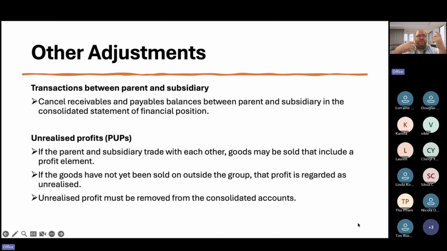So the investment that's on the parent's financial statements, cancel that against the addition of the subsidiary's assets and liabilities at the date of acquisition. Calculate your goodwill and include that in non-current assets. Then work out the net assets of the subsidiary that are attributable to the non-controlling interest and put that in the equity section. Then work out the group's share of post-acquisition profits and add that to group retained earnings within equity.